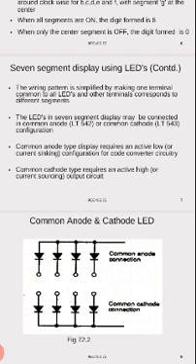Here the figure shown is common anode and cathode LED.